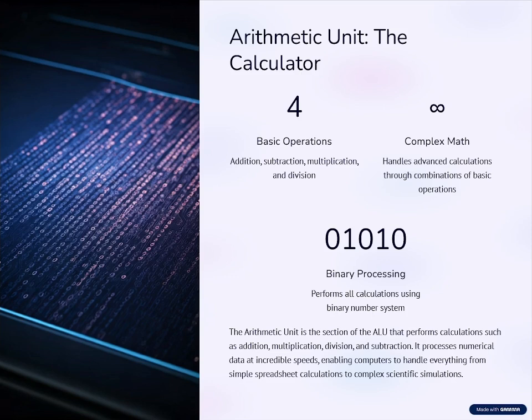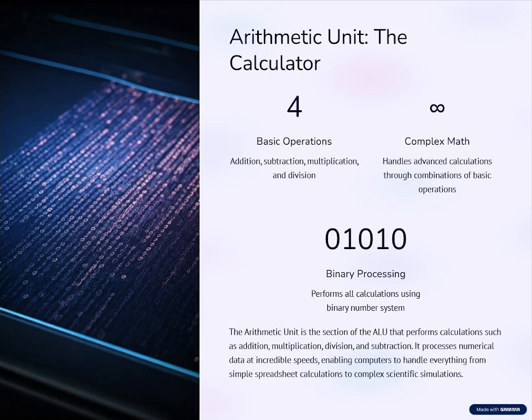Now it performs using what we call binary, and that leads us to binary processing. The arithmetic and logic unit will perform all calculations using binary number systems. As you advance in ICT in future, you will know how binary numbers are done, especially when you are performing a unit called basic electronics.